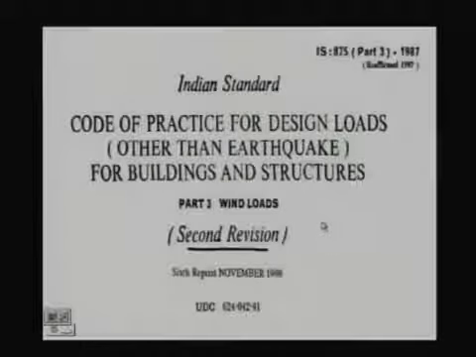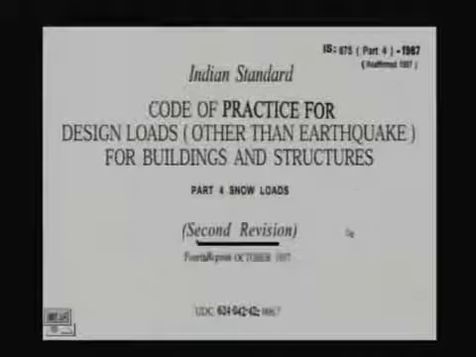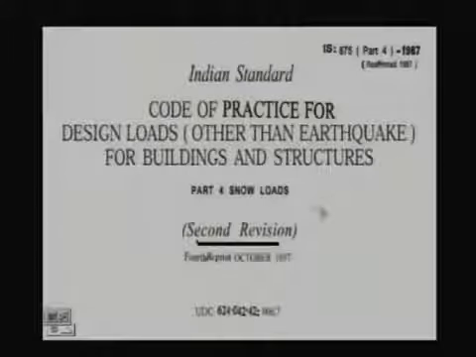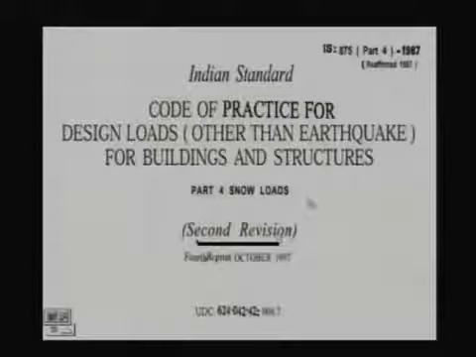From there we can find out how much pressure and how much load we shall get due to wind. That is part 3, wind load. We do not need snow loads so far; we only need them in the Himalayan terrain, but generally we do not need them. We need dead load, live load and wind load. These are the 3 we get from IS 875.